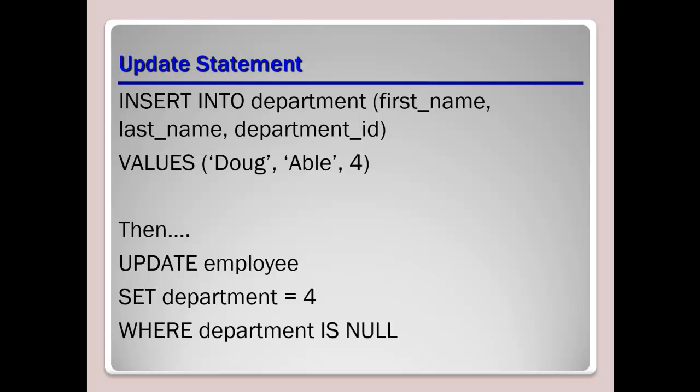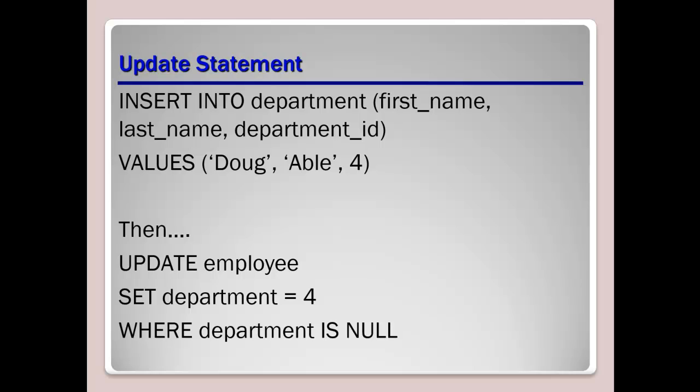Once that information is in your table, if you're practicing this, or if you can just imagine this, now we want to use our update statement. Now remember, the update clause allows you to modify the data which is stored in the tables using our data attributes. So now in our employee table, we want to set the department equal to 4 wherever any department fields are null.